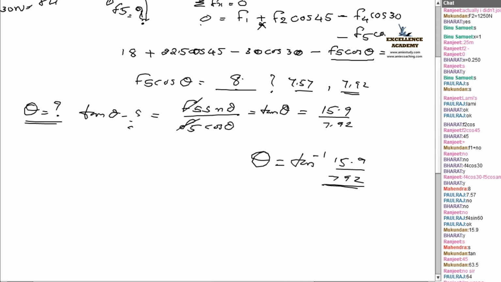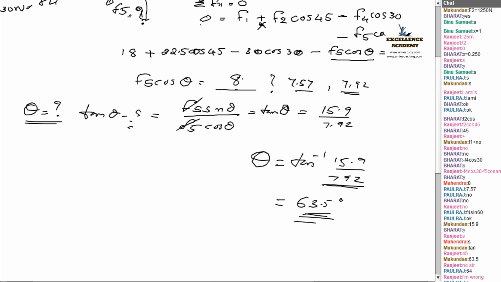No problem. 64 or 63.5 is the right answer, I think. So theta equals 63.5 degrees. I think you round up the decimal places. Isn't it called that? Yes, okay, fine. No problem.